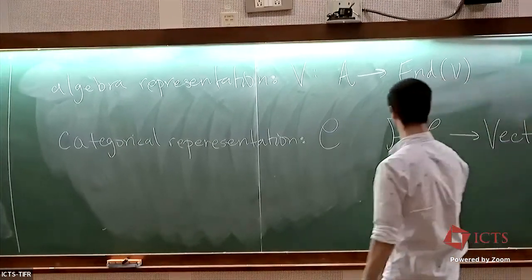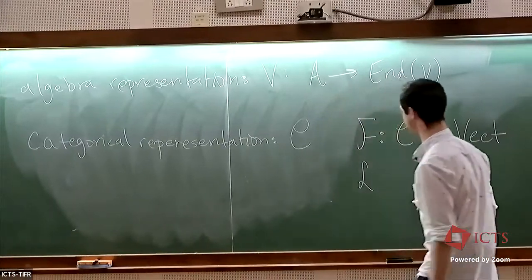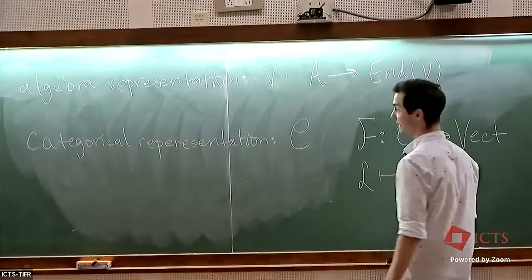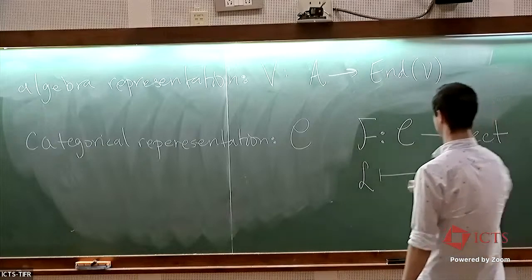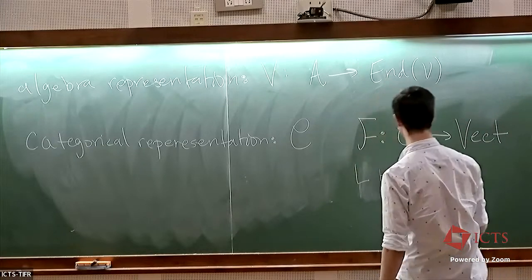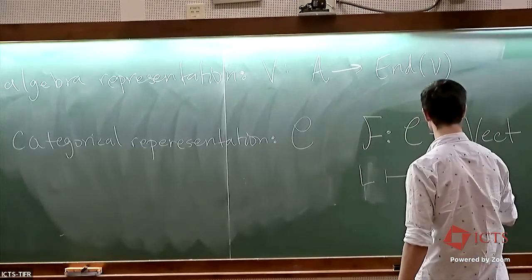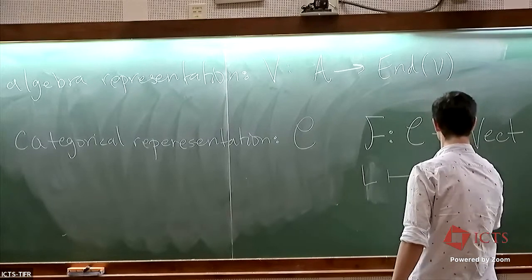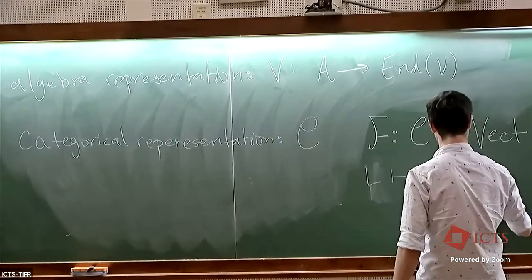In particular, for every object in C, one of our line operators, I was calling them L, I should have a vector space, V sub L, maybe I'll even call it H.